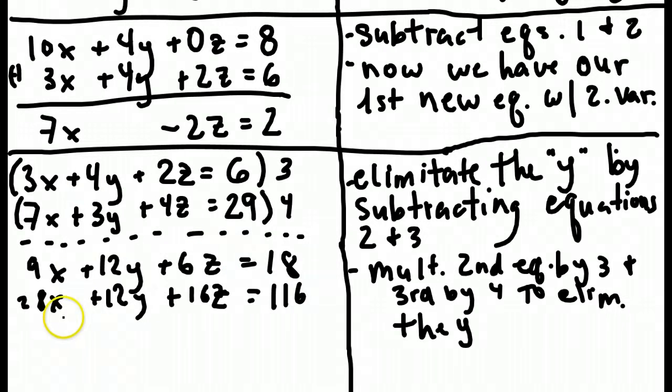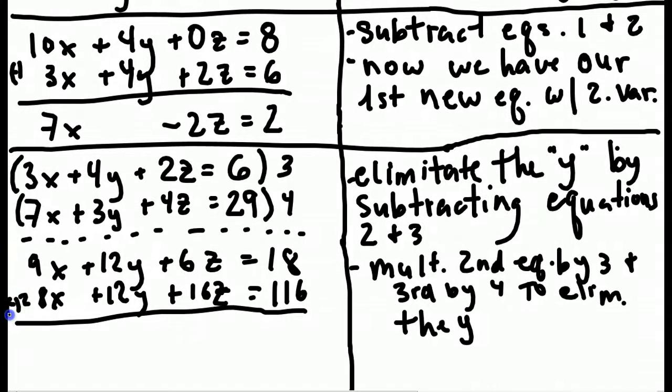Okay, and so now we have a positive 12y and a positive 12y. So we have to subtract these guys. There's a little tiny minus sign in there. So what is 9x minus 28x?